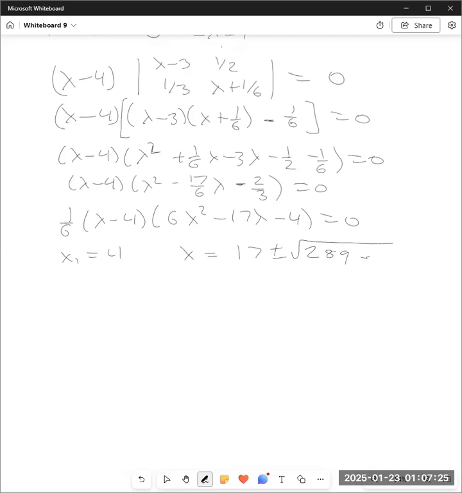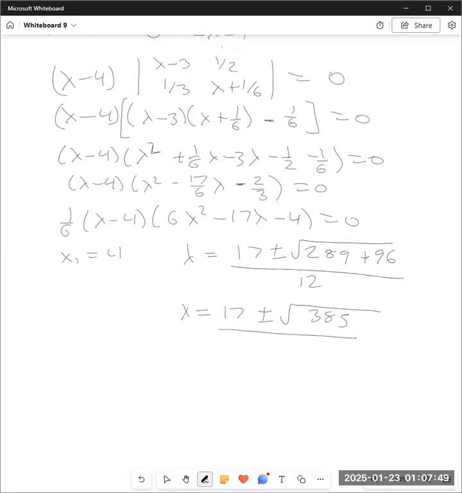So 4 times 6 is 24 times negative 4. That's going to give me positive 96 all over 2 times a. That's 12.